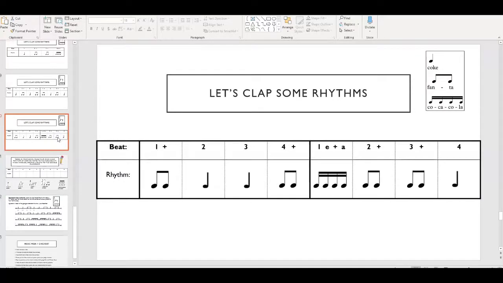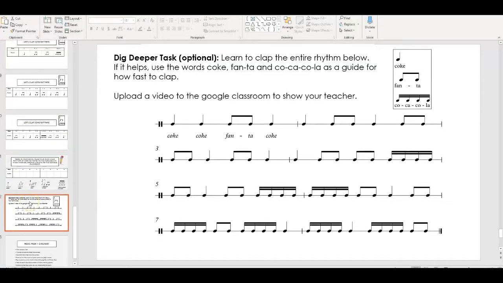Now, if you're going really well with some of these rhythms, I encourage you to do this dig deeper task. It's completely optional, but this is an 8-bar rhythm. I'm going to demonstrate it in a second, but if you want to try and improve your rhythm reading ability, then try and clap this rhythm and film yourself doing it and put that up onto the Google Classroom where your teacher can have a look.